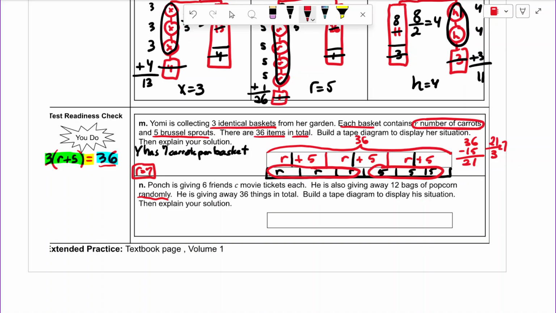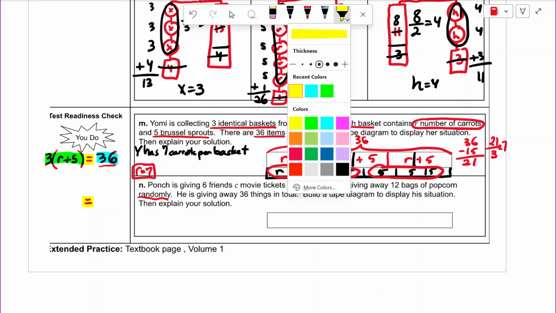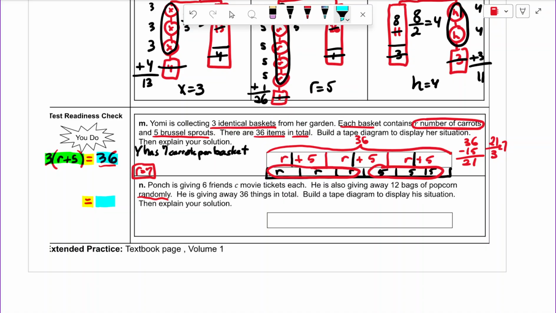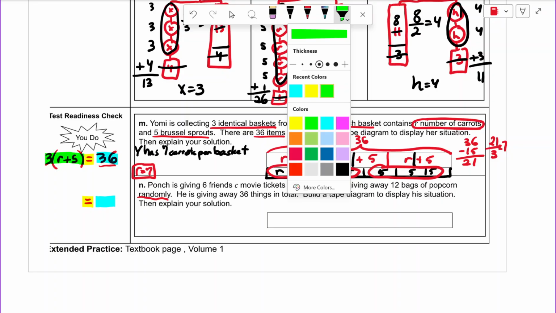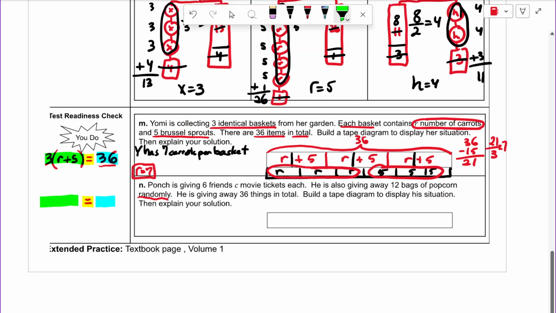Right over here, you need to build an equation that this story is talking about. You're going to have a right side, which is what everything totals up to, and a left side where the variable is and all the things that you need. So go ahead and pause the video and try building that equation first, and then come back to see if your equation's right before you start your tape diagram. Pause now.